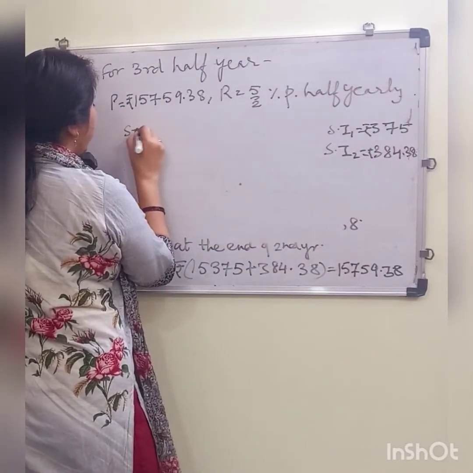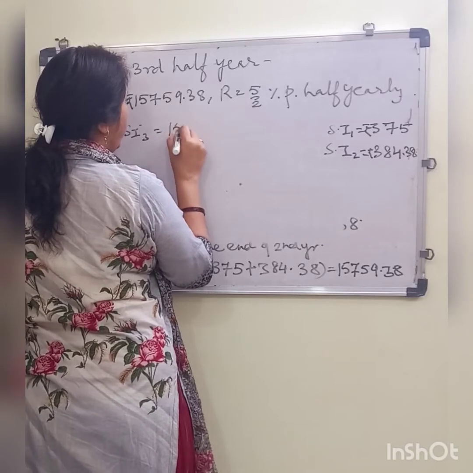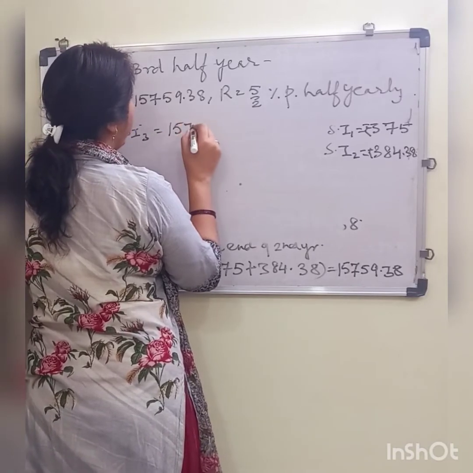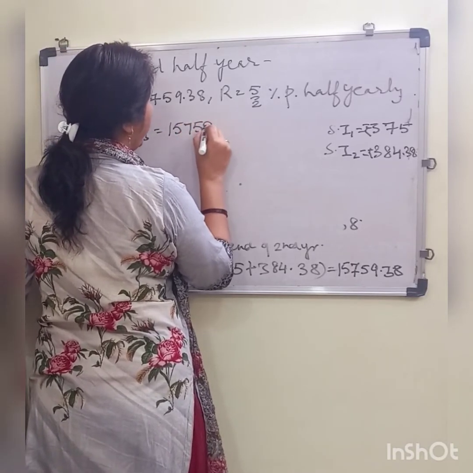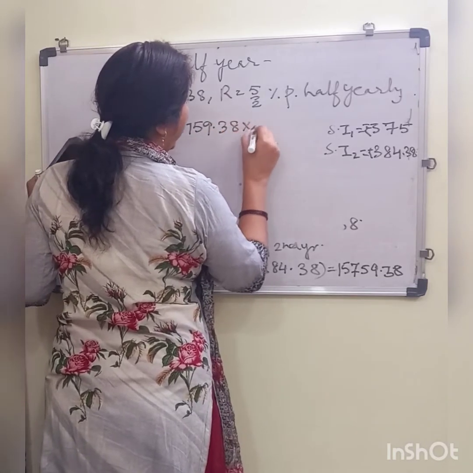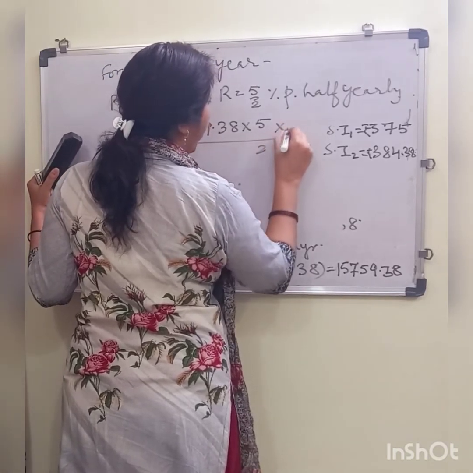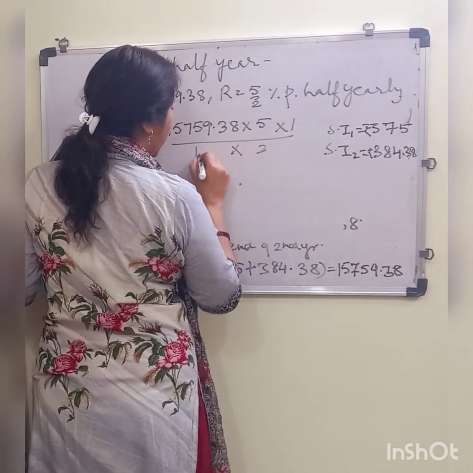So SI3 is equals to 15,759.38 into 5/2 into 1 and along with that 100.